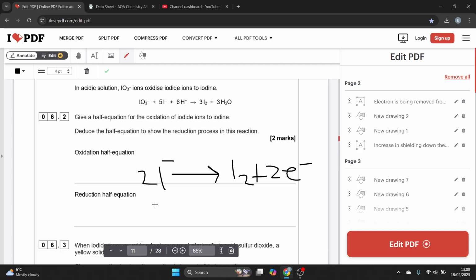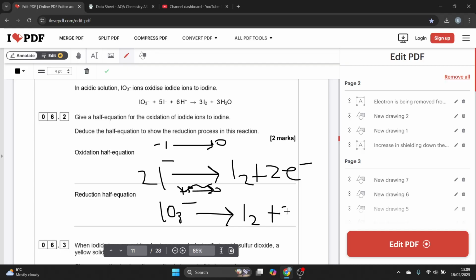The first one is correct. For the reduction one, I'm going from IO3 minus to I2. In this case it's minus 1 to 0, so that's oxidation, but in this case it's plus 5 to 0, so that's being reduced.